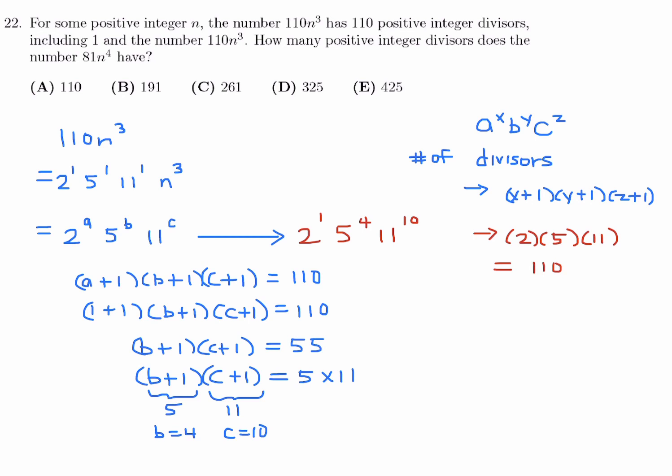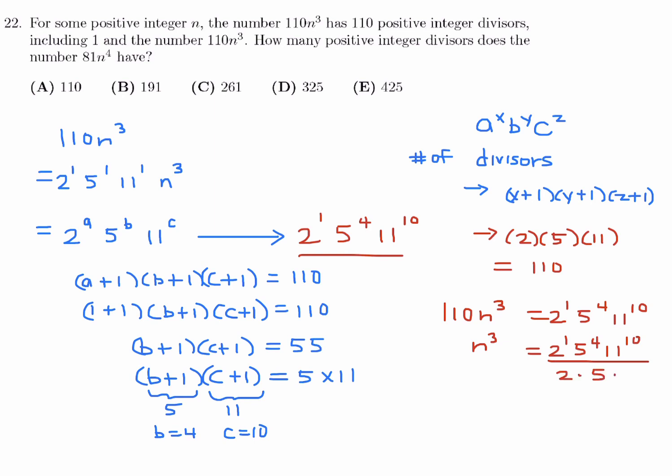Okay, great. So I figured out what my original number is. My original number, 110 n to the power of 3, is 2 to the power of 1, 5 to the power of 4, 11 to the power of 10. So that means that if I were to try to figure out n cubed, I need to divide both sides by 110. 110 was 2 times 5 times 11.